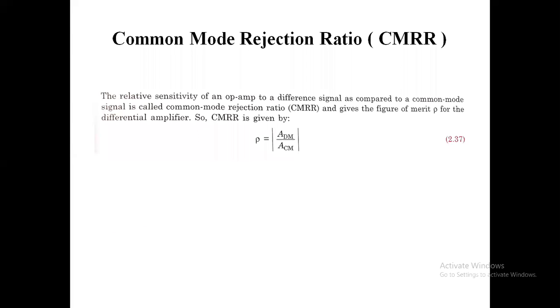The ability of the differential amplifier to reject the common mode signal is called the common mode rejection ratio. It is represented by the ratio of differential voltage gain to common mode voltage gain: rho is equal to Adm by Acm, that is CMRR.